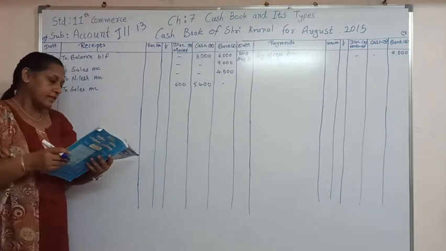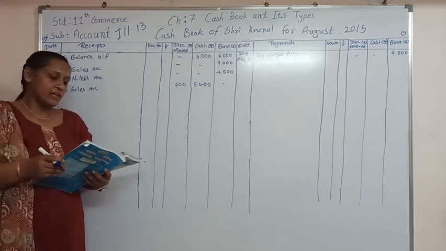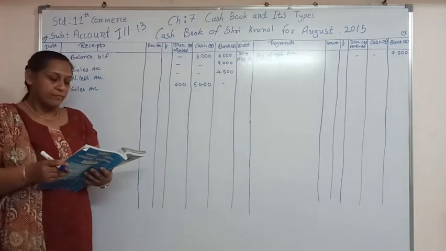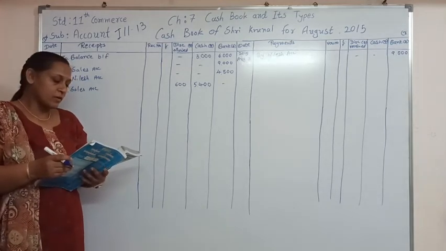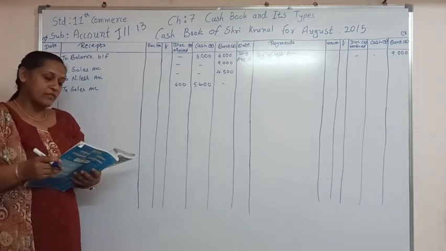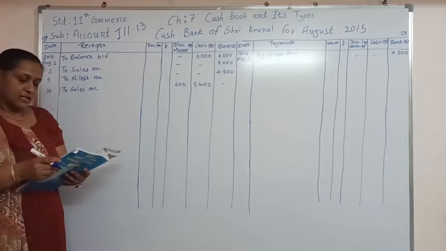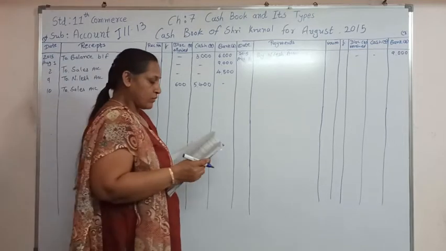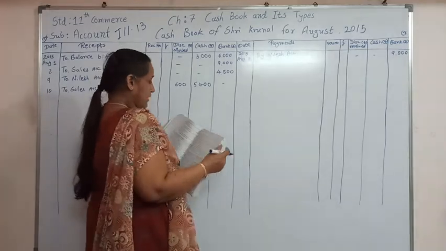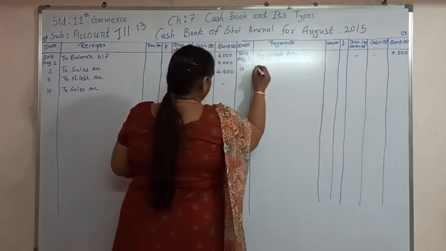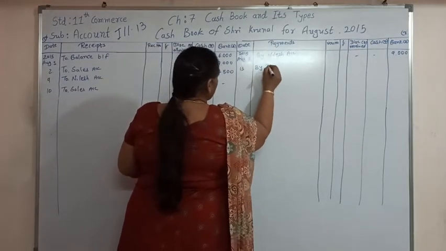Now on date number 13, goods of rupees 5,000 purchased from Chetna at 10% cash discount. Half the amount is paid by check and the remaining half is paid by cash. So here we have purchased goods of rupees 5,000. So on date number 13, by purchase account.